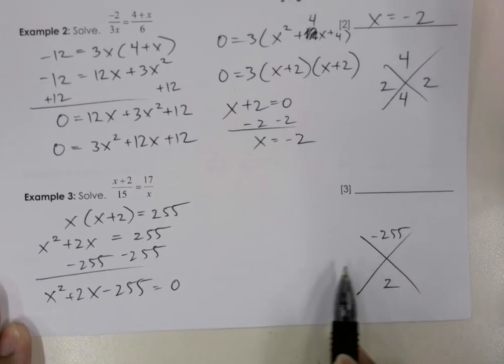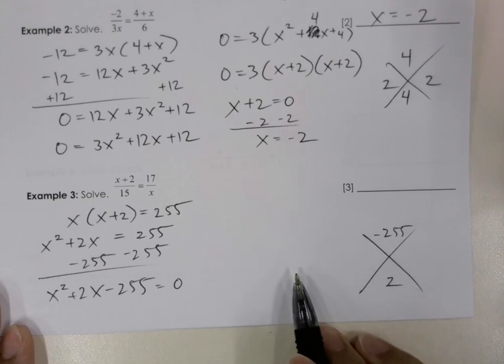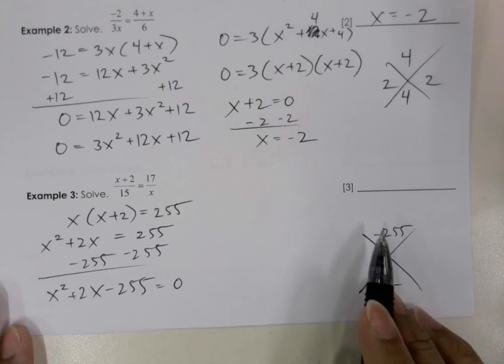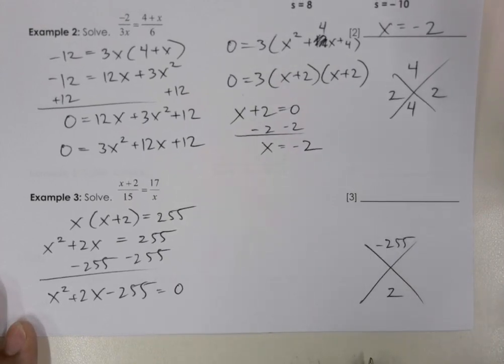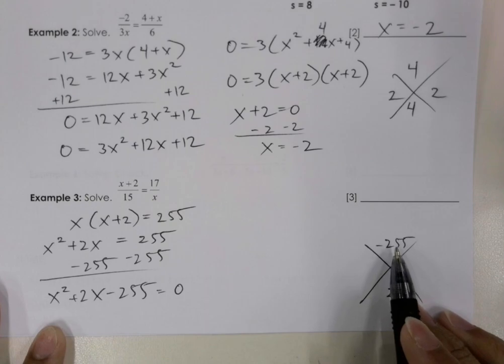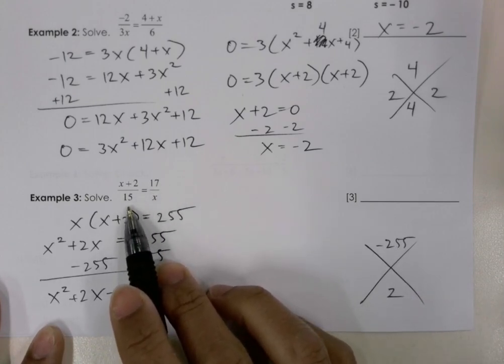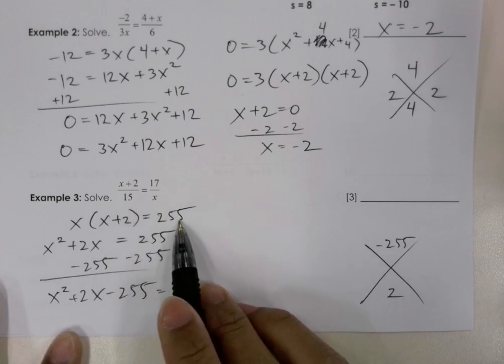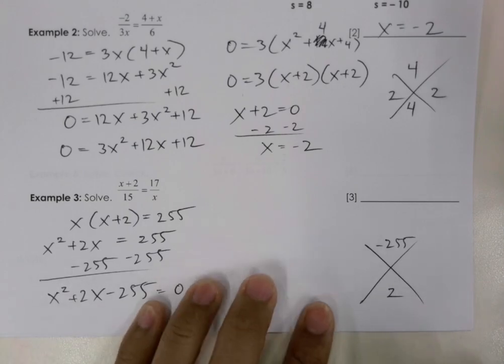And so we could start with 1. 1 times 255, then see if 3 is a factor, 5 times, right? And just work through the factors of 255. But what you'll notice is right here, they already give it to us, right? 17 times 15 multiplied to 255, and they add to 2.